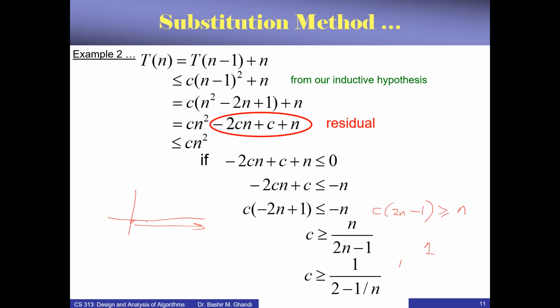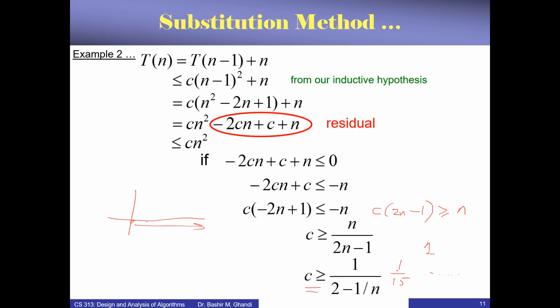And 1 divided by 1.5 is definitely less than 1. So these values will keep decreasing. 1 is the maximum value you can have, but it is not negative. It is some fraction, which is fine. All we want is for it to be a positive number, not a negative number.